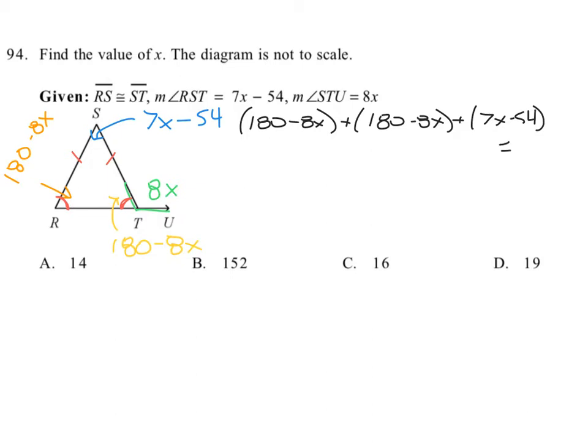That whole thing should equal 180. All three of those angles together should equal 180. Okay? And now we're going to combine like terms.